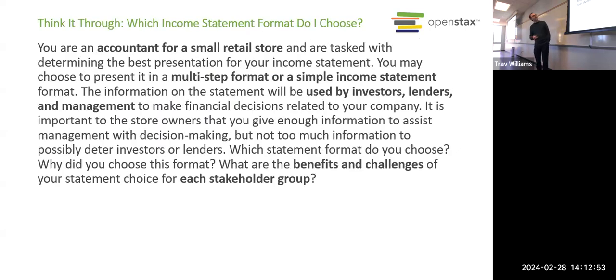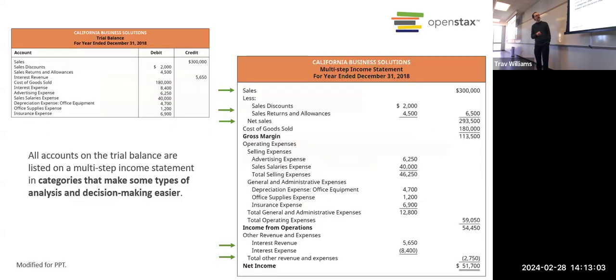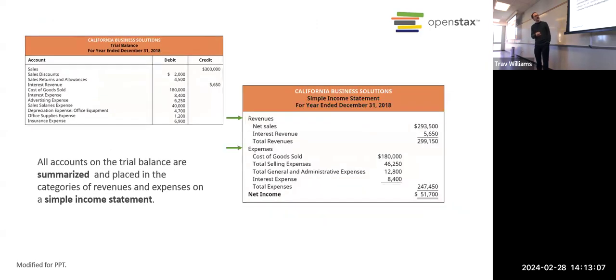All right, you're an accountant for a small retail store and you're trying to decide, should we use that multi-step income statement or should we use the simple income statement? Let's see those again. Here's the multi-step. Here's the simple. What would be an advantage to using the simple income statement?